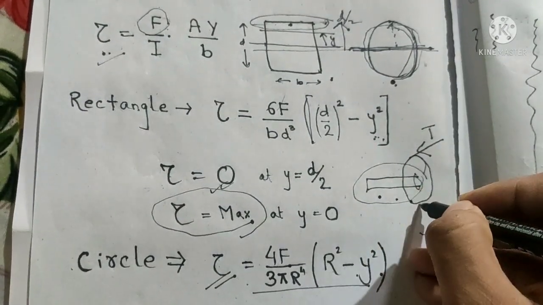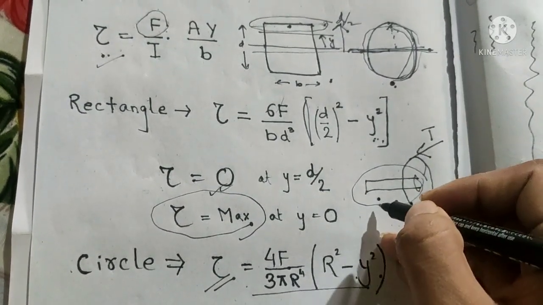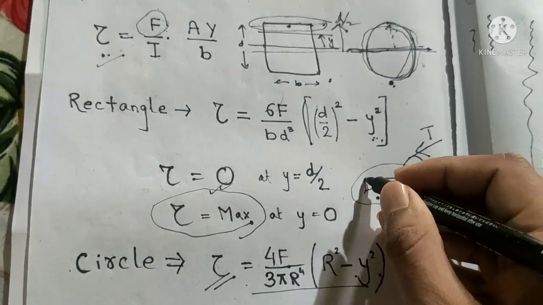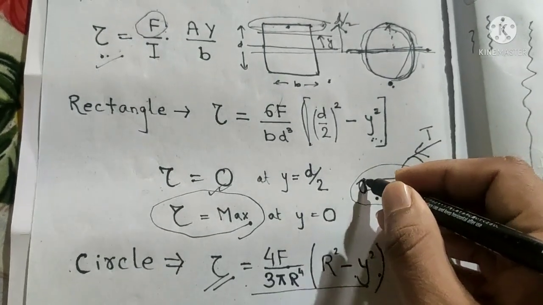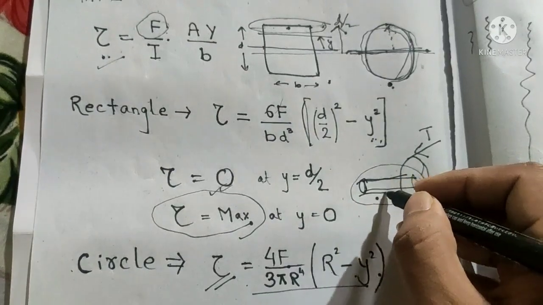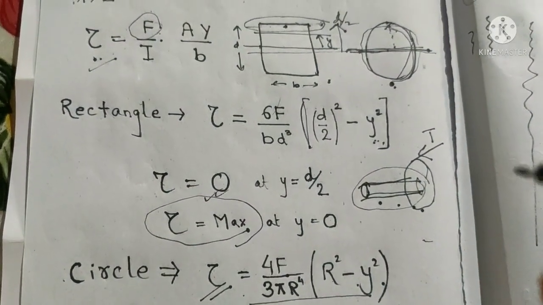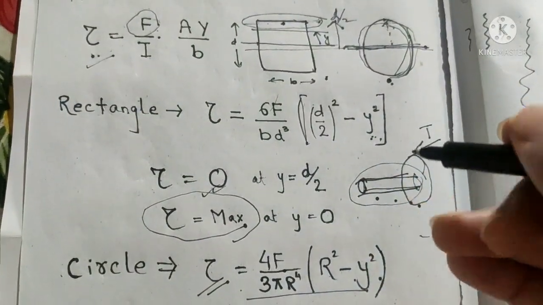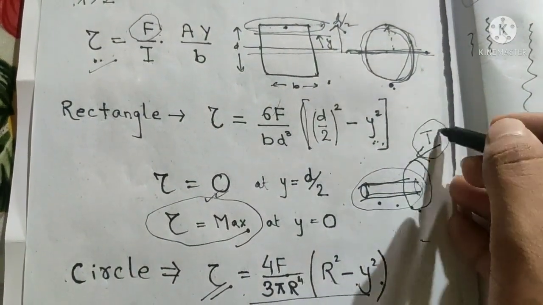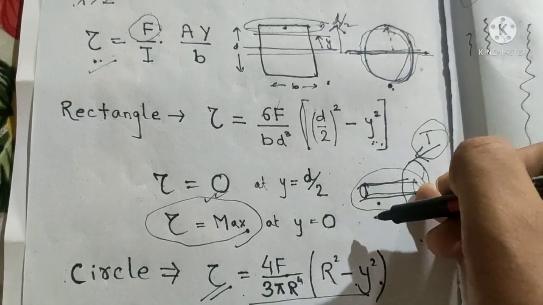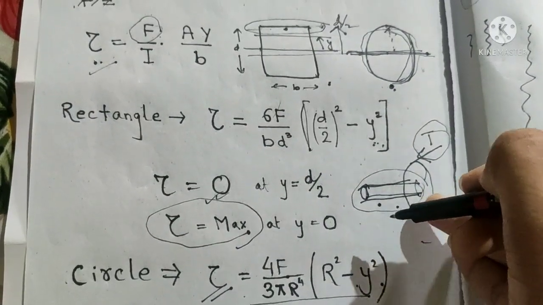So for pure shear, we use a circular cross section for the shaft, because circular sections are safer when we talk about applying shear force. By applying torque, we are basically applying pure shear, not bending.